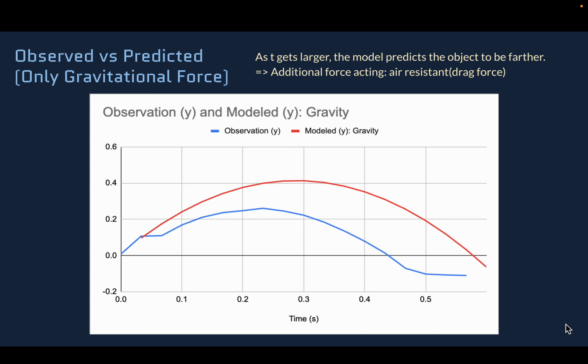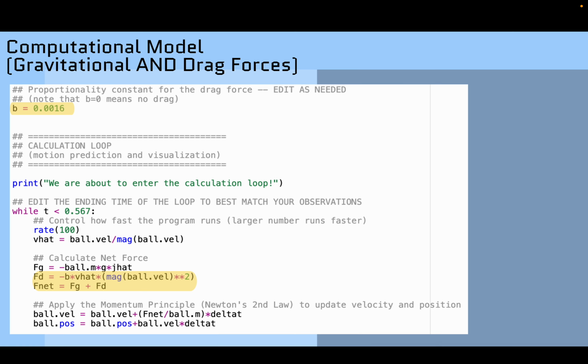If I look at the observed versus predicted motion, we can see that as t gets larger, the model predicts the object to be further, which means there is an additional force acting, which is air resistance, which we will calculate by drag force.